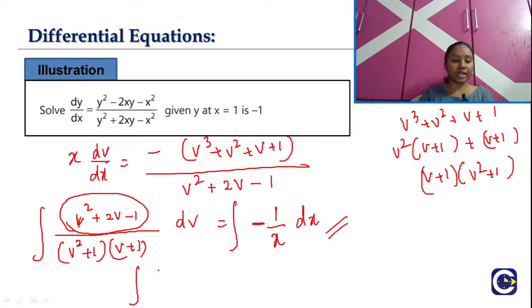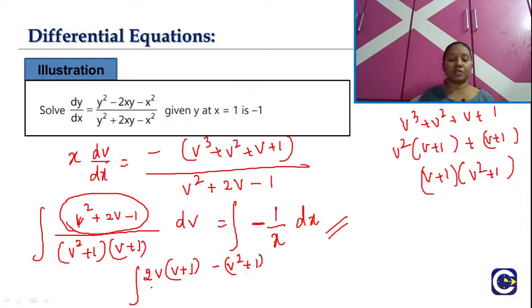So the numerator can be written with terms which are related to v plus 1 and v square plus 1. So I'll write 2v into v plus 1 minus v square plus 1. So here if we expand, 2v square minus v square will be v square, and 2v will be there here, and then minus 1.